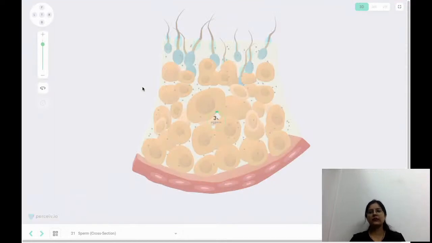Now let us just have a look at another model that we are going to see. हम लोग देखते हैं. It's being loaded. तो पूरा जो ये process है मतलब male reproductive system का, it is not only covering the male reproductive system but it is covering the entire section as well. ऐसा है.